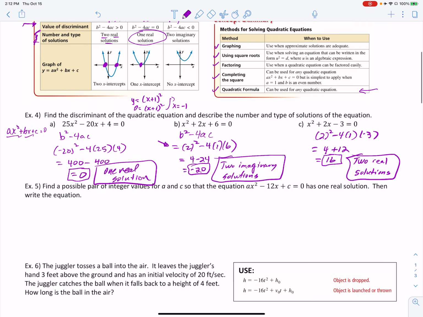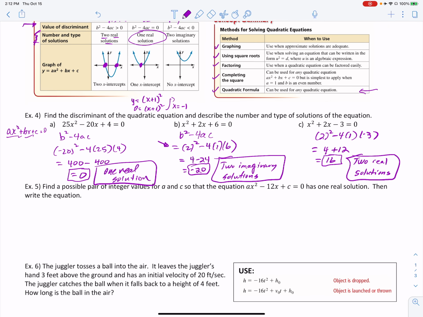It's a good thing to use, especially if you're trying to factor something and you're wondering, does this really factor? You can quickly check the value of the discriminant. For example, right here, if I did x equals negative b plus or minus the square root of the discriminant, b squared minus 4ac, which was 16, all over 2 times a. So when you get a perfect square, that means x is equal to negative 2 plus or minus 4 over 2.